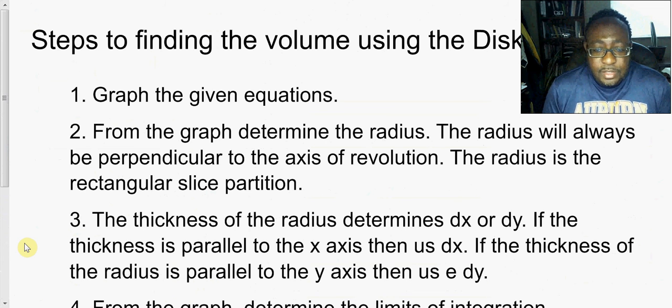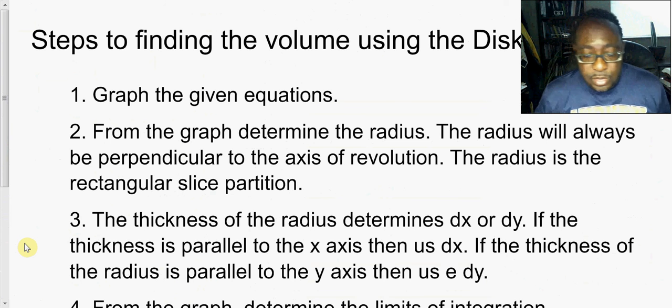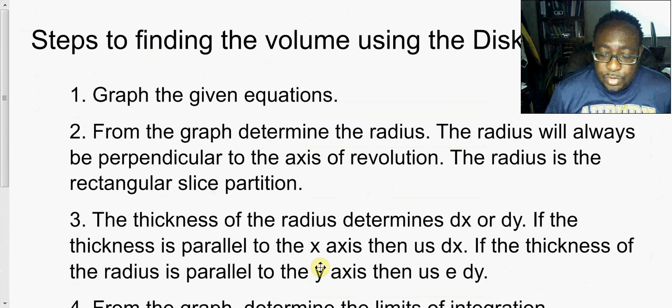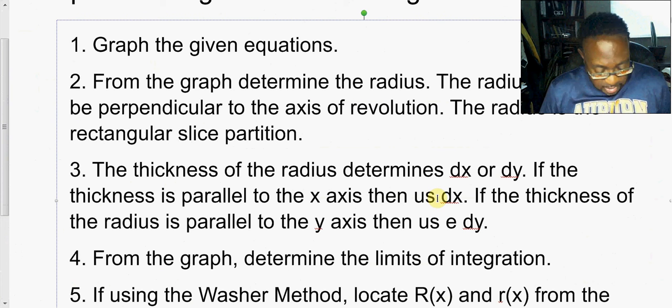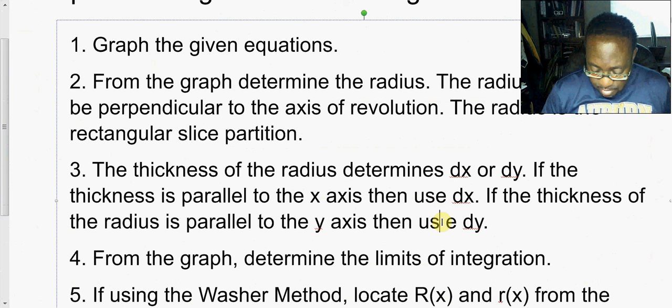Number 3, the thickness of the radius determines dx or dy. I somewhat stated that in the graph from the previous screen. If the thickness is parallel to the x-axis, then you're going to use dx. If the thickness of the radius is parallel to the y-axis, then use dy.